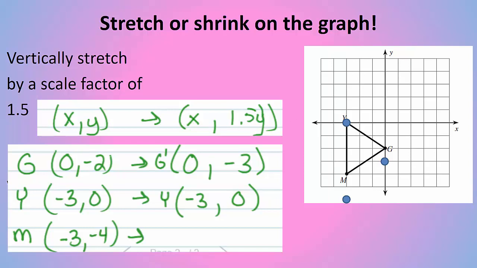Our next ordered pair is M. So M prime, we plug our -3 in for x. We plug a -4 in for y. -4 times 1.5 gives us -6. And our new ordered pair for M prime will be (-3, -6).